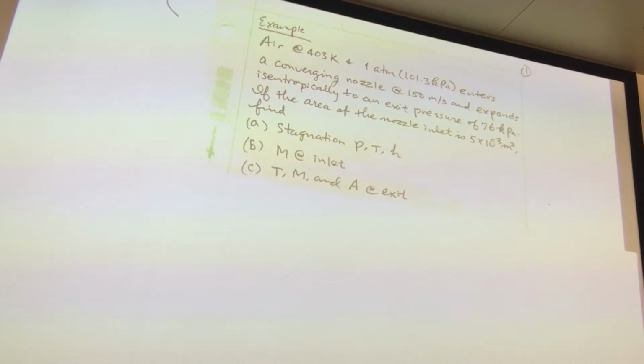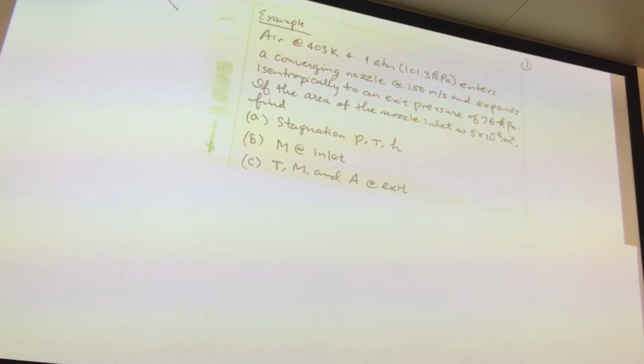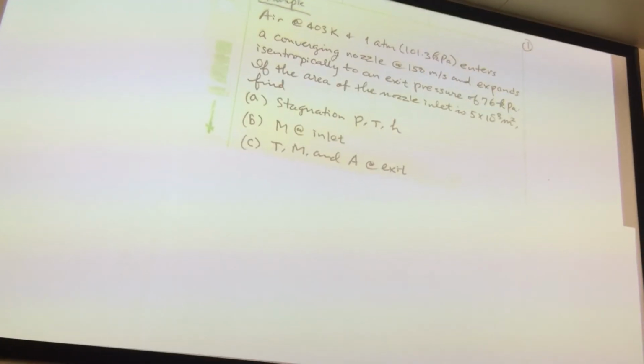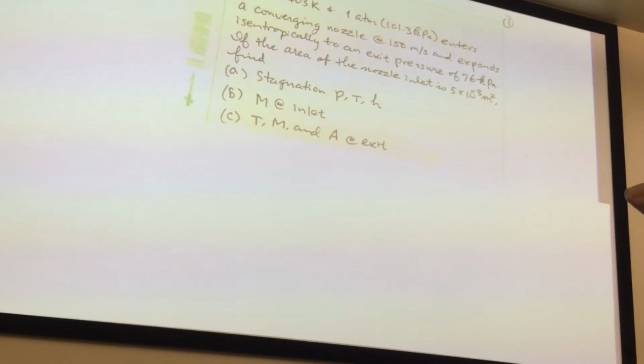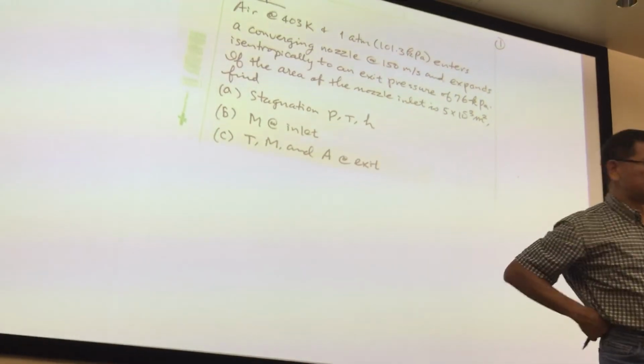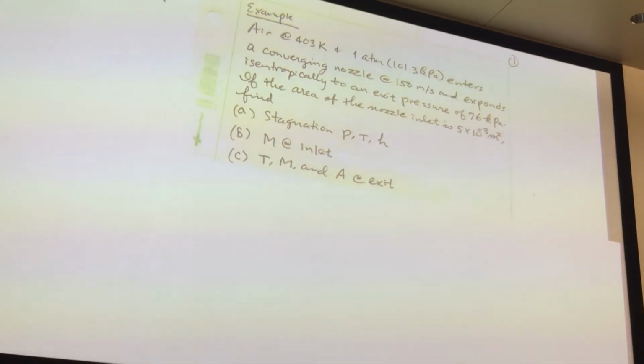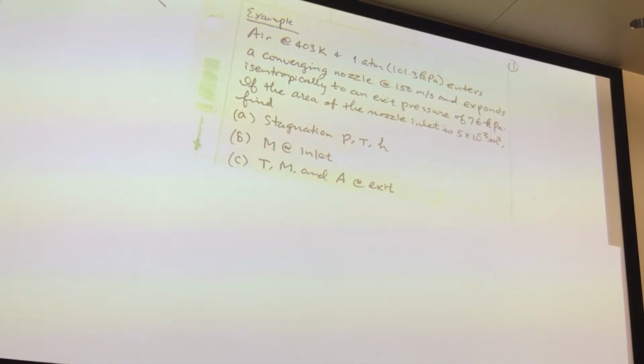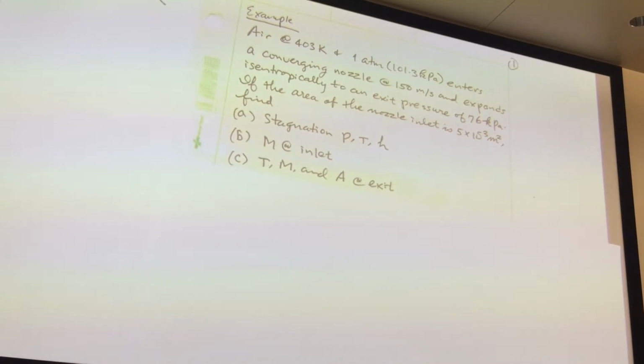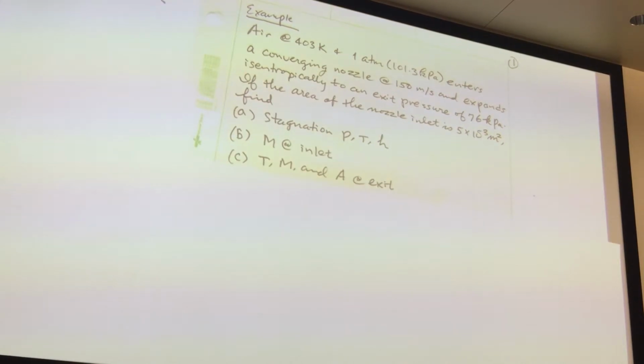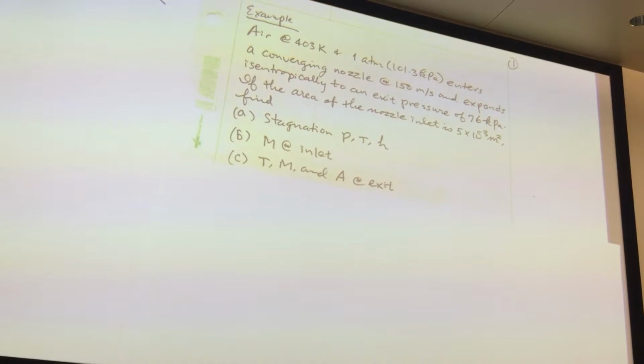The example here is that you have air at 403 Kelvin, which is 130 degrees C, right? At 1 atmosphere, it enters a convergent nozzle at 150 meters per second and expands isentropically to an exit pressure of 76 kilopascal.